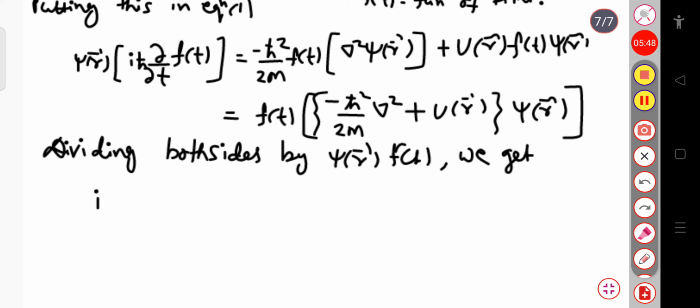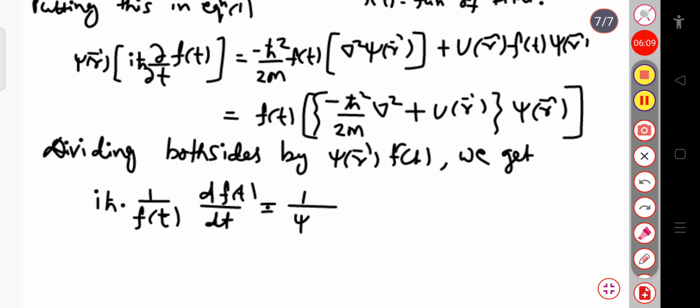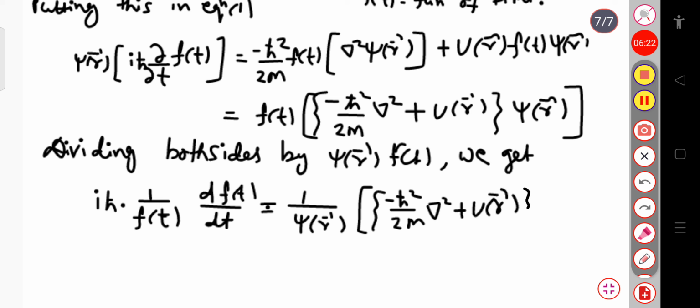This will be simply iħ into 1 by f of t into, since it only depends on t, I can write this as the total derivative df of t divided by dt here, and that is equal to, this f of t gets cancelled, simply 1 by psi of r whole into minus ħ² divided by 2m ∇² plus U of r whole into psi of r. That is the total term I have written here.